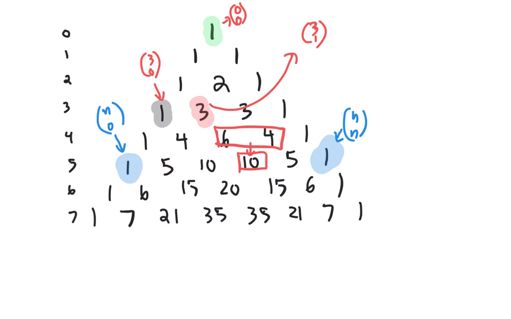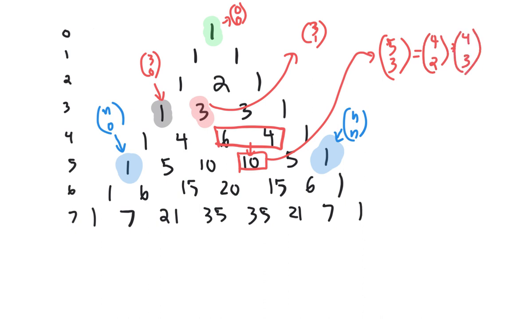So this guy is 5 choose 3. And we're adding the entries above, so that's going to be 4 choose 2 and 4 choose 3. And there's nothing special about the position. We could do that anywhere. That's how to generate Pascal's triangle.